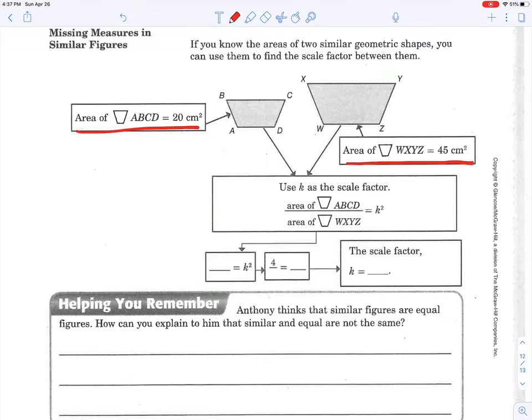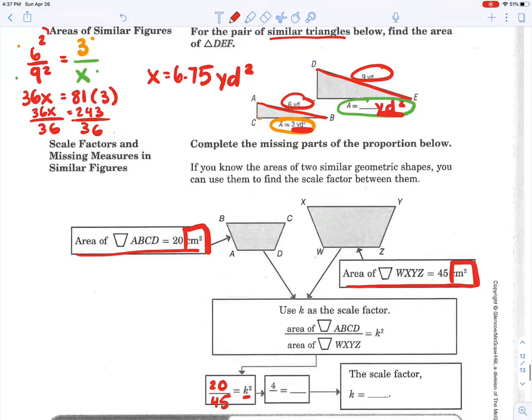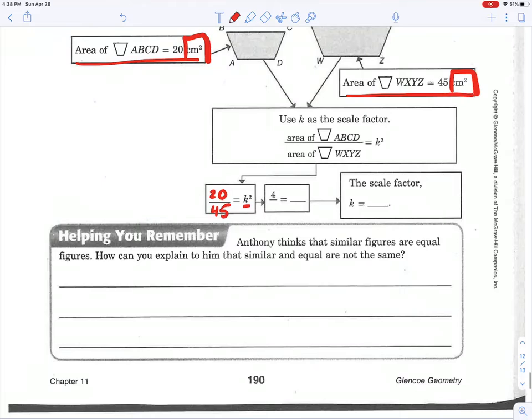I'm going to put the area of ABCD on top and the area of WXYZ on bottom. Now I know that those were both squared because they were both my areas. My units were squared. So I'm setting it equal to k squared. In my example up here, I did the same thing. I took my k, which was 6/9, and I squared it.